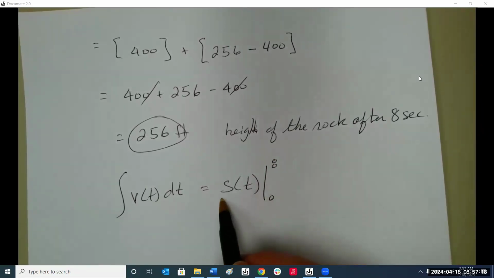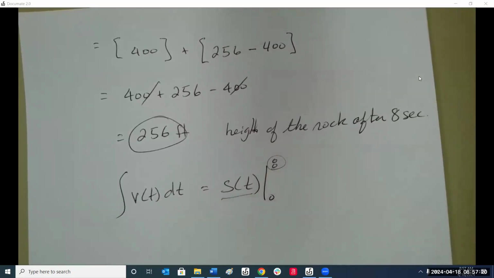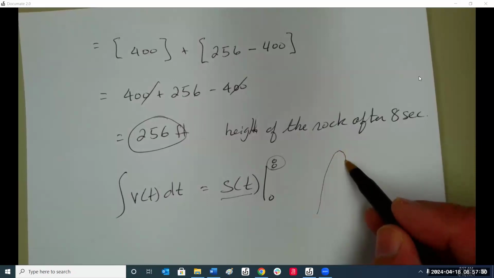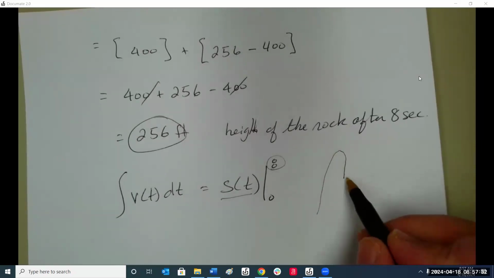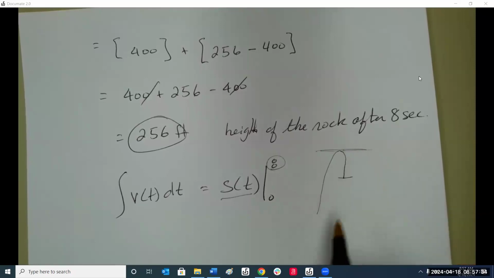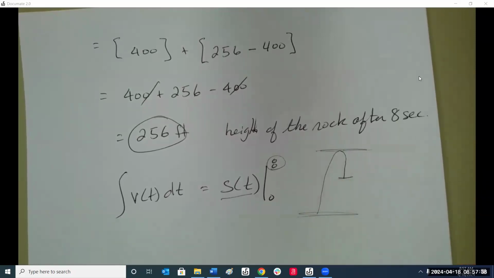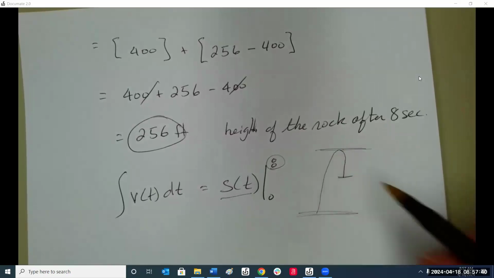So this tells us the position after 8 seconds. It's 256 feet above the ground after 8 seconds. Because remember, it takes 5 seconds to go up, and we only have 3 seconds left. So it's not at its highest point, it's not back on the ground, it's somewhere in between.